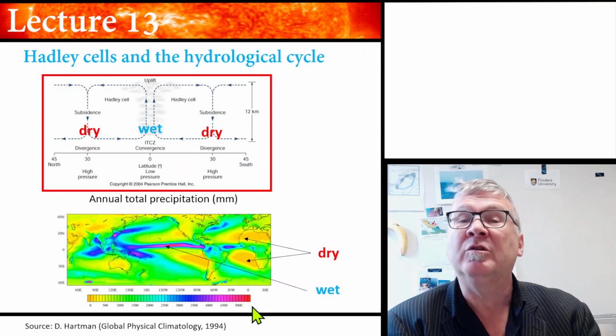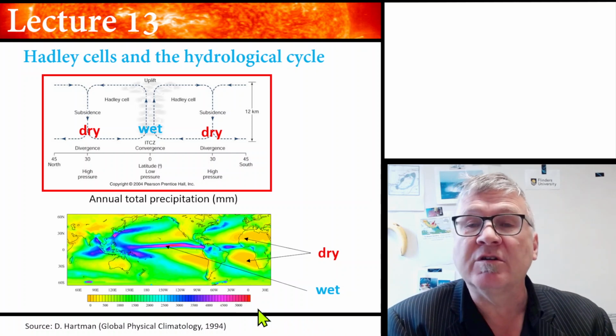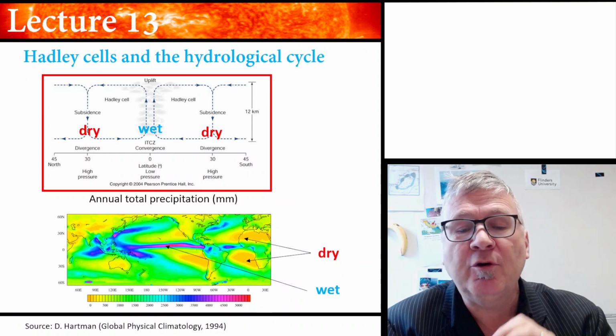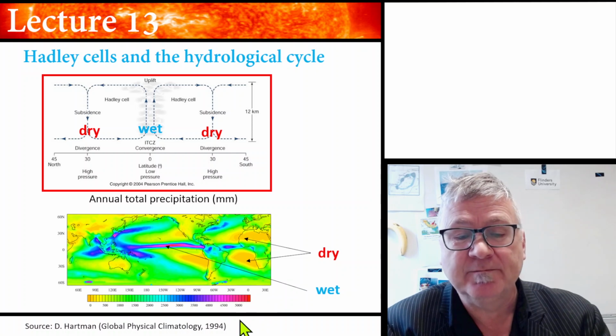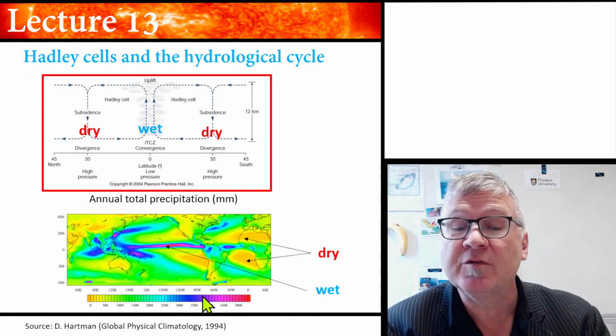And the unit here is in millimeters, so 5,000 corresponds to 5 meters per year. And this is in red. You have the purple, sort of 4.5 meters, and the blue 3.5 meters per year.